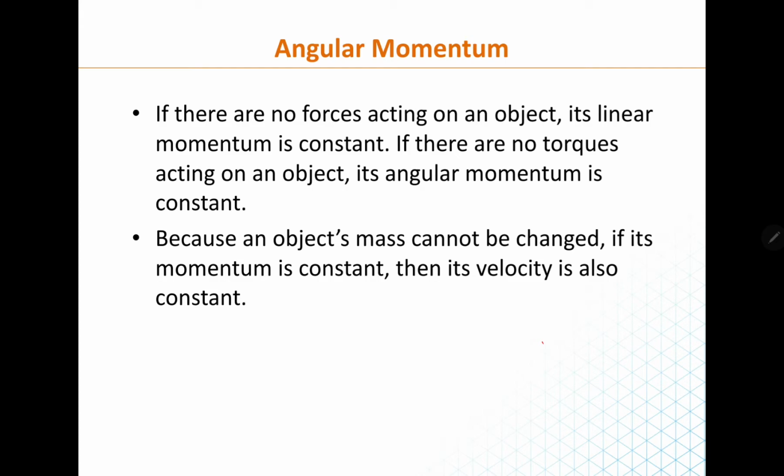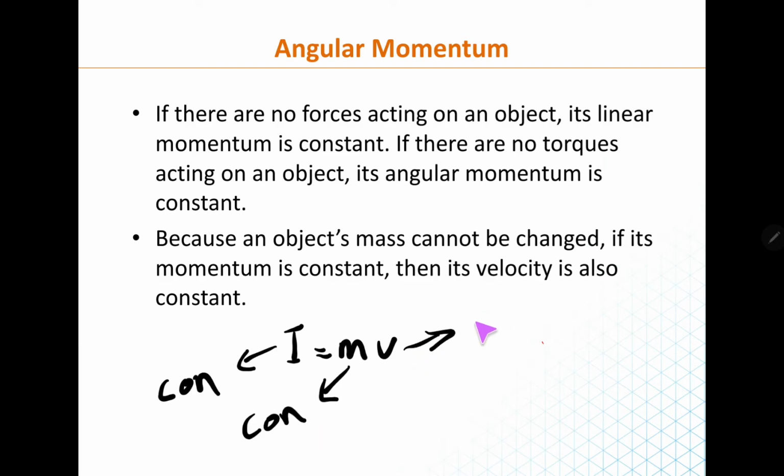If you remember, we had a law: p equals m v, where p represents the momentum, m is the mass, and v is the velocity. So if p is constant and the mass is constant, of course the velocity will be constant also. That's the meaning of this note.